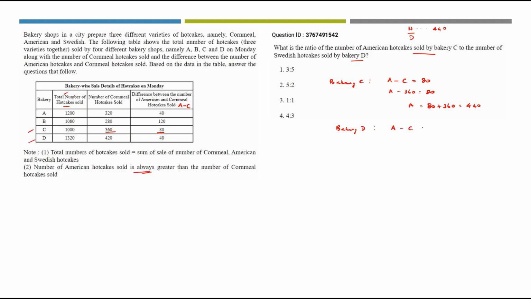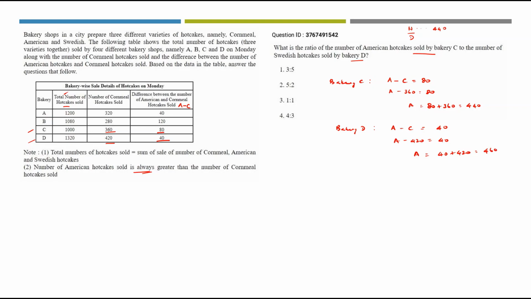A minus C will be giving 40 here. So from this we have to find American. Here it is 420 for cornmeal count. A minus 420 is equal to 40. American variety will be 40 plus 420, which is equal to 460.